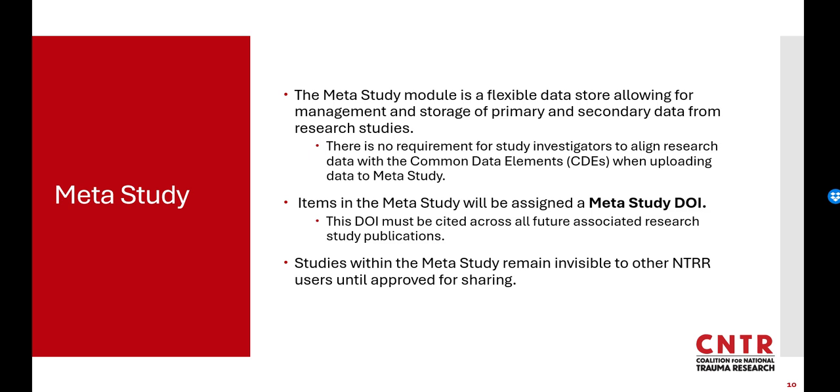So the meta-study ends up serving as a flexible data storage for primary and secondary data, and these items within the meta-study are assigned a meta-study digital object identifier, or DOI. This DOI is then cited across all future associated research publications using individual data sets that are accessed through the meta-study.